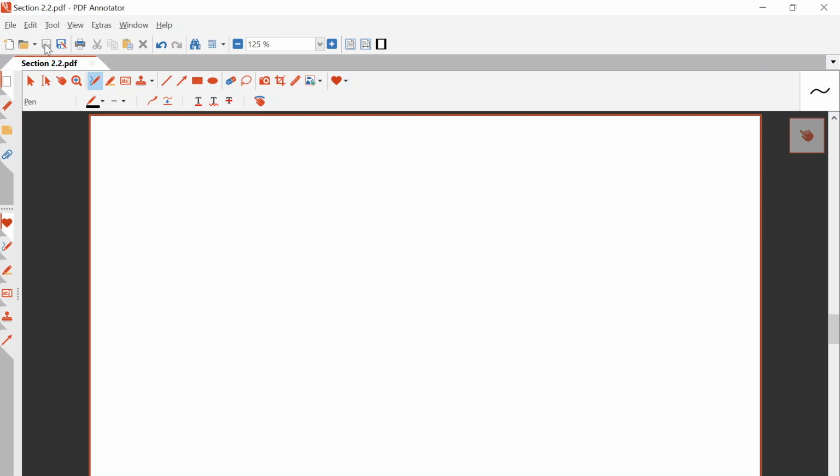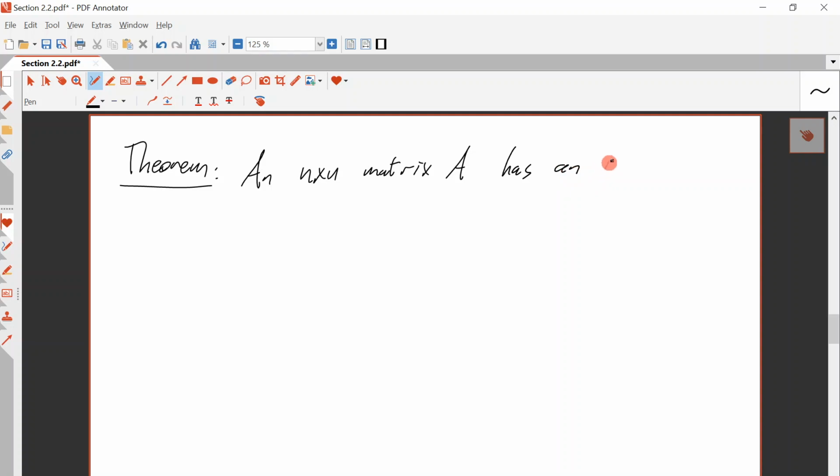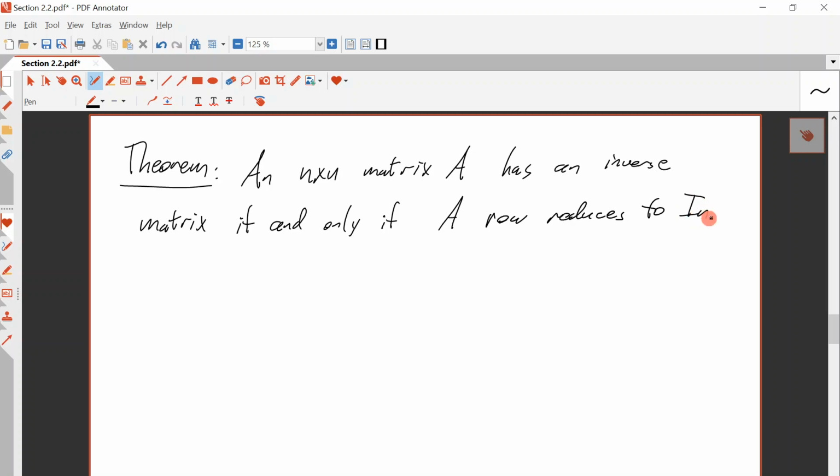So here's the theorem. An n by n matrix A has an inverse matrix if and only if A row reduces to In.